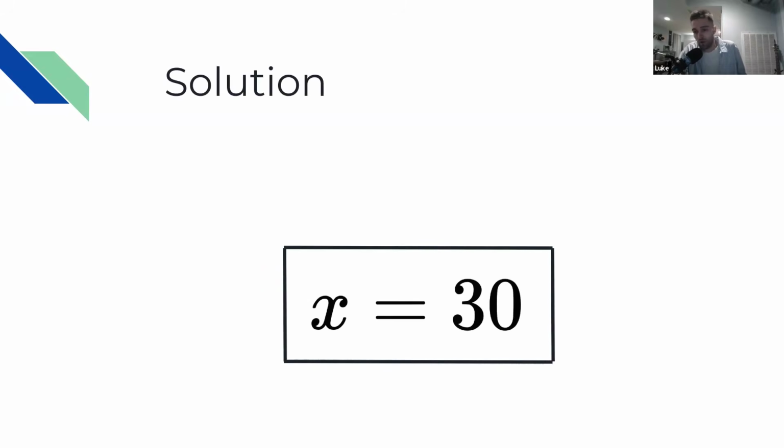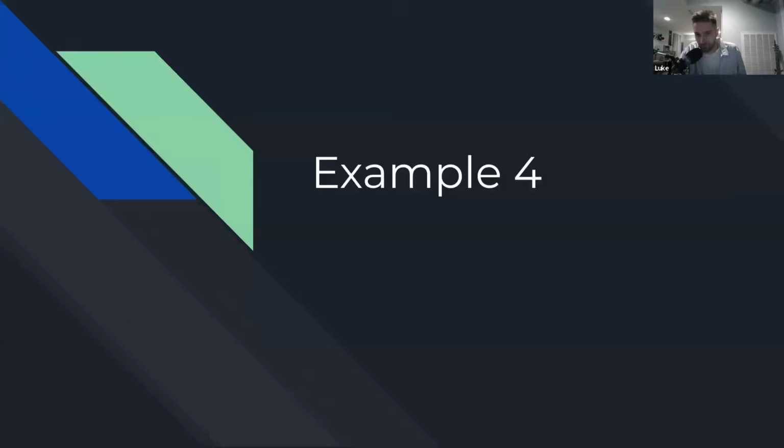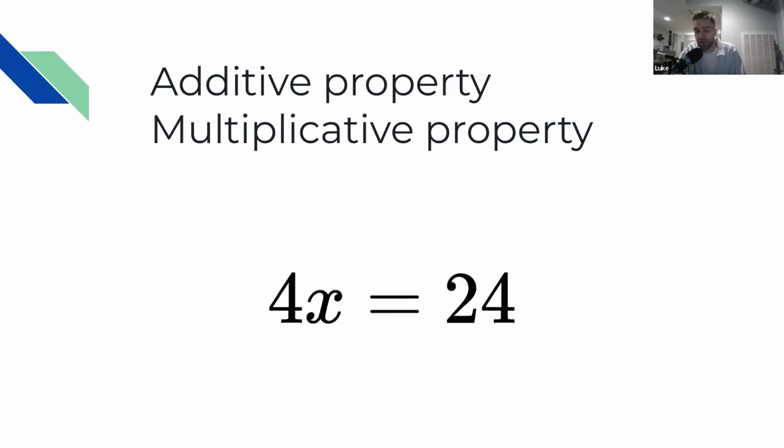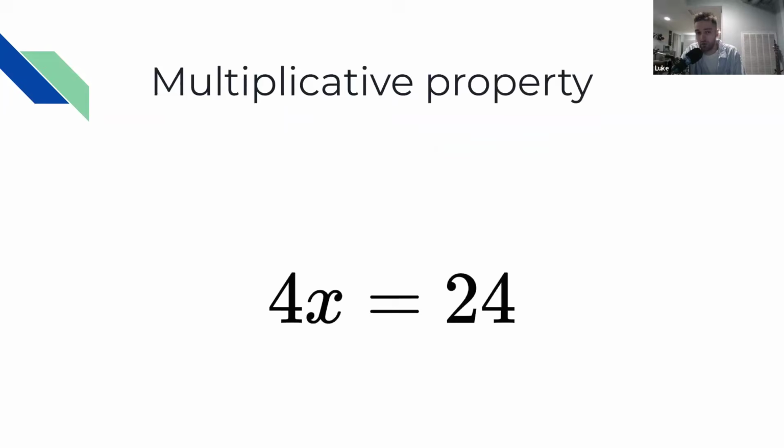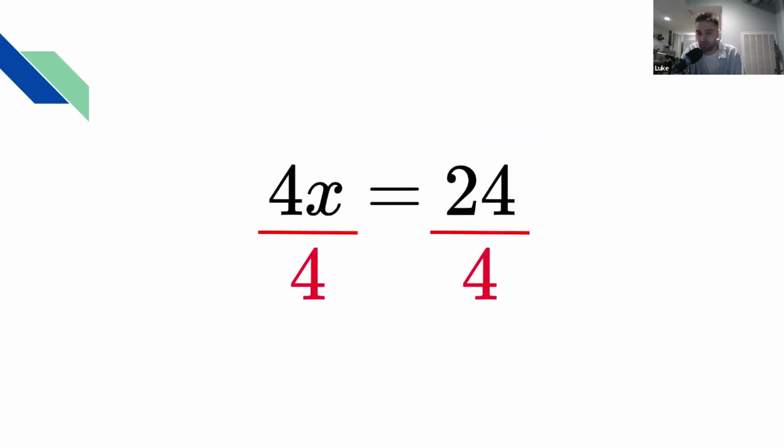One more example. I have here the equation 4x equals 24. Which property do we want to use? We definitely want to use the multiplicative property again, but this time we should multiply both sides by a fraction.